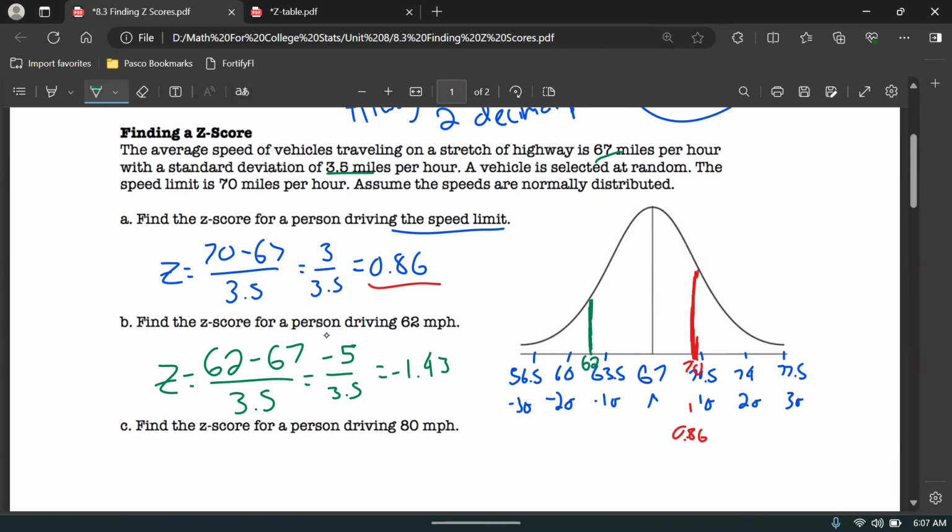And again, its z-score is negative 1.43 standard deviations from the mean. And that makes sense because it's more than one standard deviation, less than two standard deviations, so it's between them.